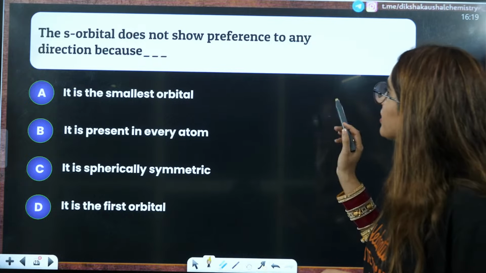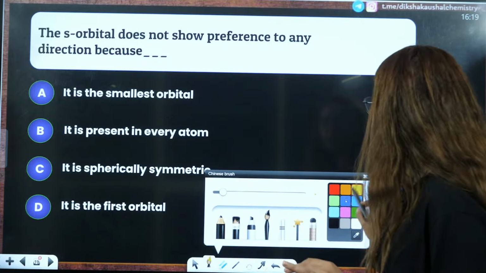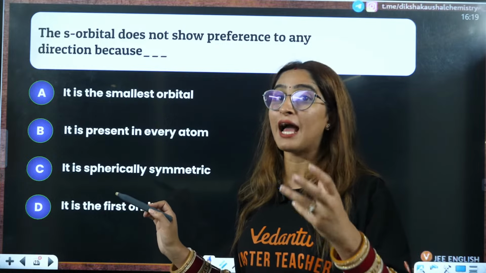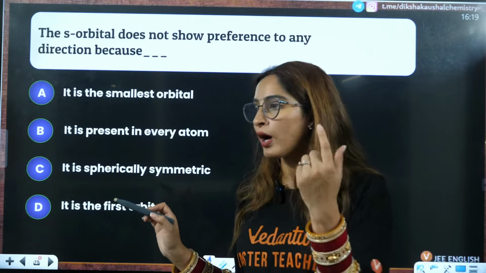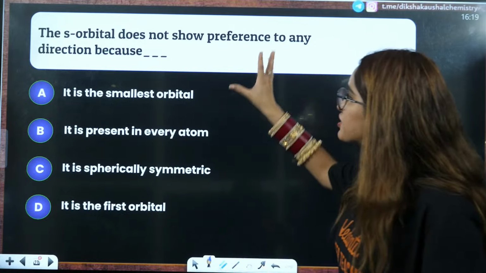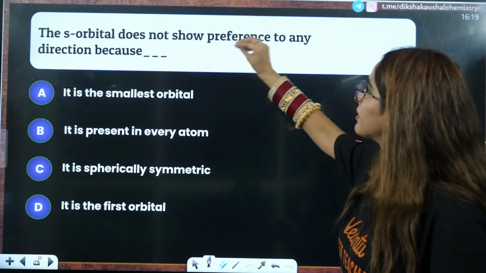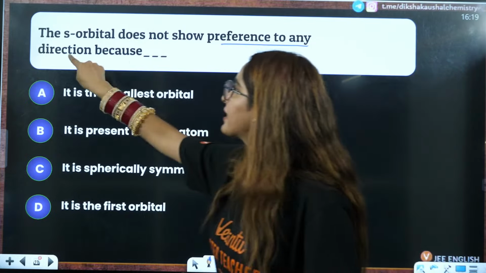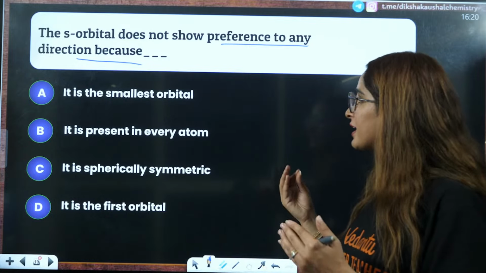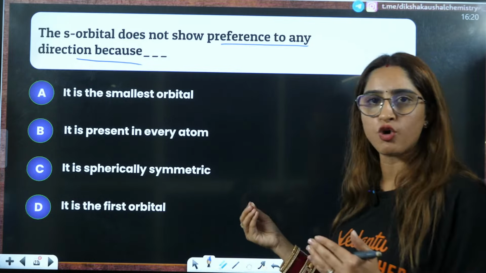Next is: the s orbital does not show preference to the direction. Now, the same question has been asked, not the same, but the language was different. So what we have seen is that repeatedly they are asking the same kind of questions by changing the language. This s orbital does not show preference to any direction because it is the smallest orbital, it is present in every atom, it is spherically symmetrical, it is the first orbital.